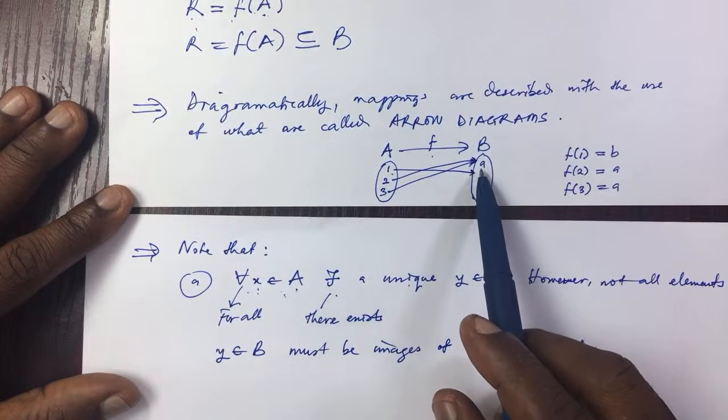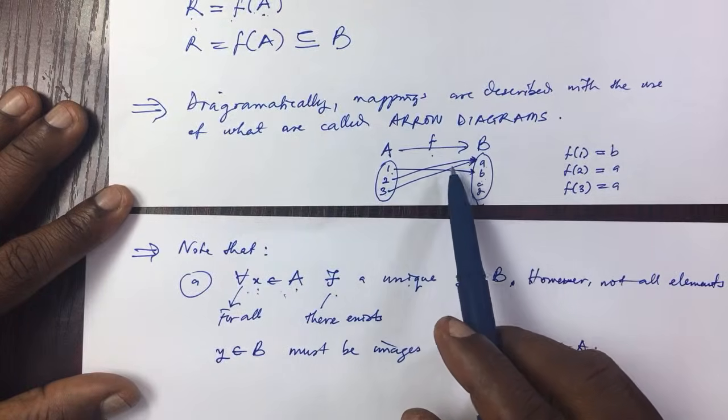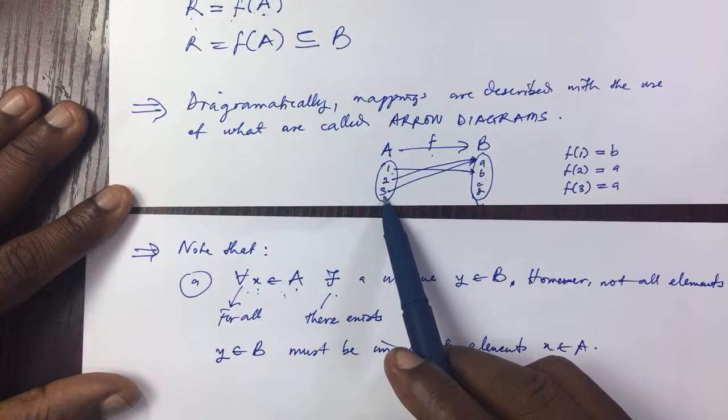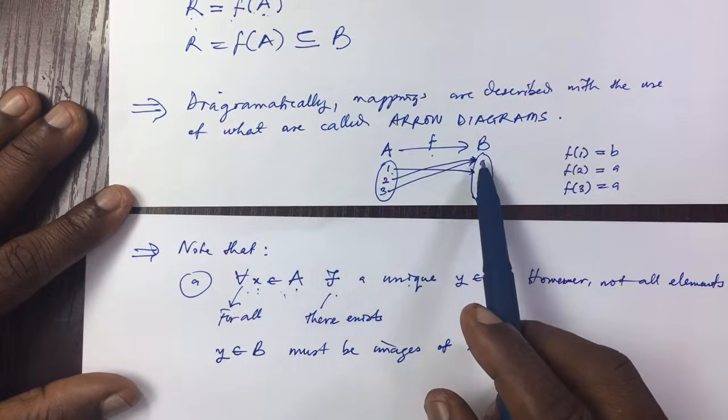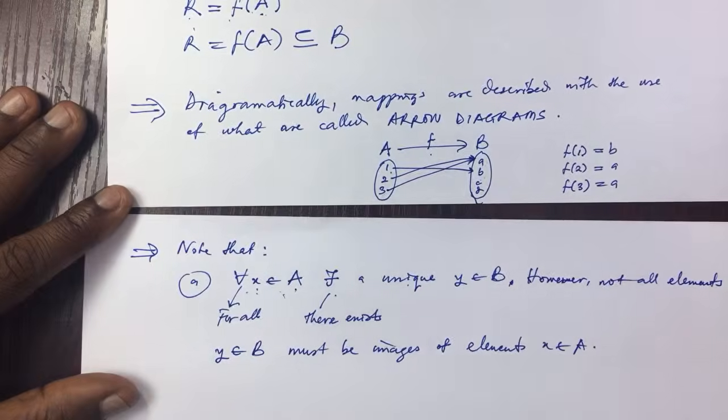So you will notice that a can be called the F image of 3, or the image of 3 under F.